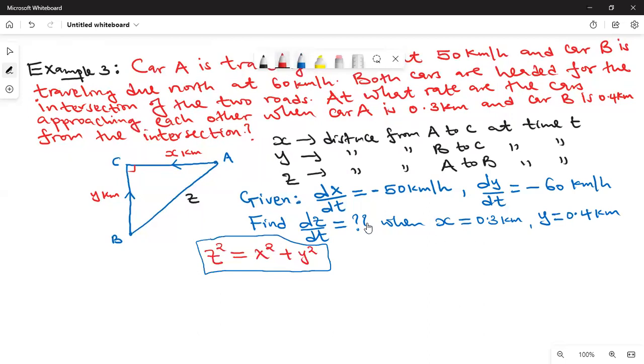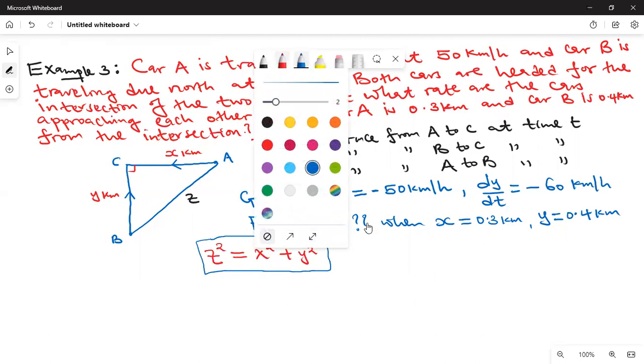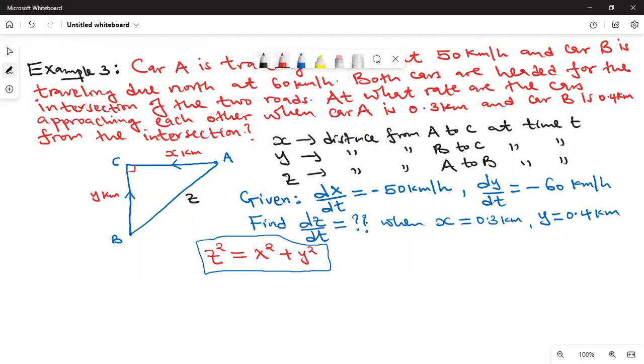Let me pick black. So what about the derivative of this equation with respect to time t on both sides? On the left-hand side, it will give us 2z times dz/dt.